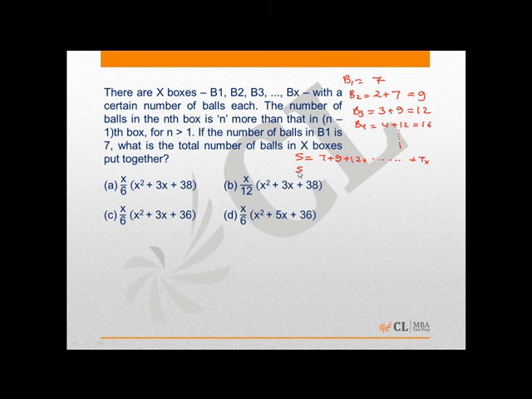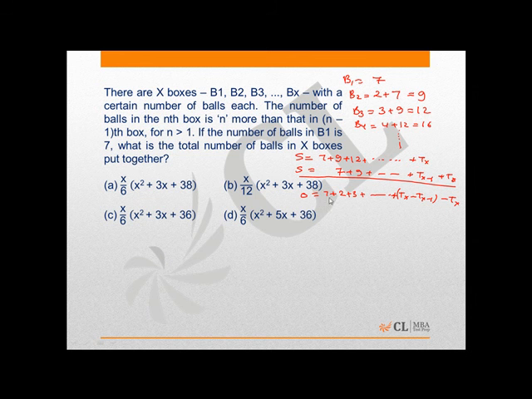We'll write this series again, S equal to, but we will shift 1 term to the right hand side. So 7 plus 9 plus and so on. Here will come the x minus 1th term and the x term will come here. Now if you subtract this, you will get 0 is equal to 7 plus 2 plus 3 plus and so on till tx minus 1 minus tx.